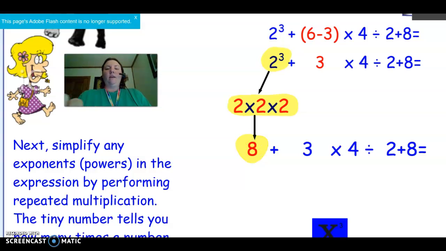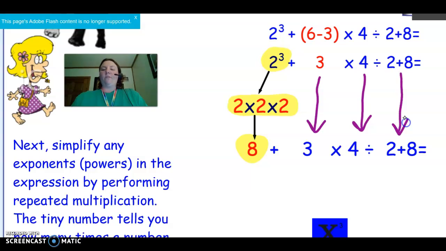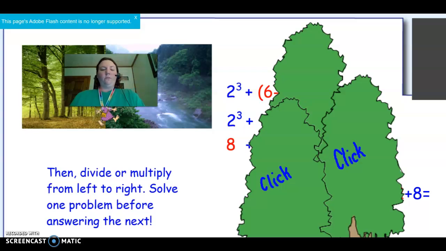And once again, our diamond learners are basking in their ability to copy down and follow specific steps in their organized notes. And so we're going to carry down everything we haven't dealt with or worked with yet. Once we've simplified all of the exponents, we're going to move on to those trees, those multiple trees and divides.